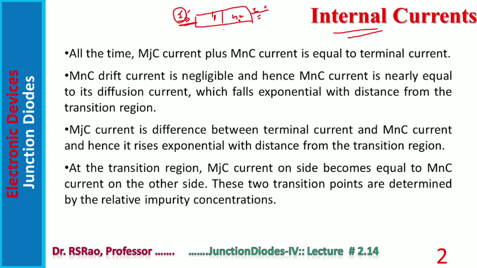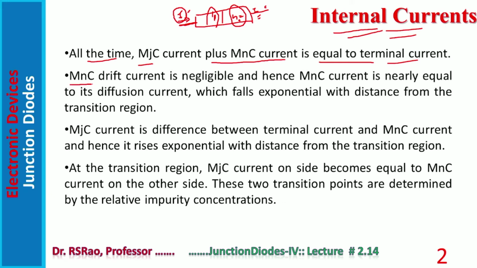So in total, in P region there exist 4 parts, and in N region also there exist 4 parts. These 4 parts are called internal currents. The sum of internal currents is always, as already mentioned, equal to terminal current. All the time, majority carrier current plus minority carrier current is equal to terminal current.